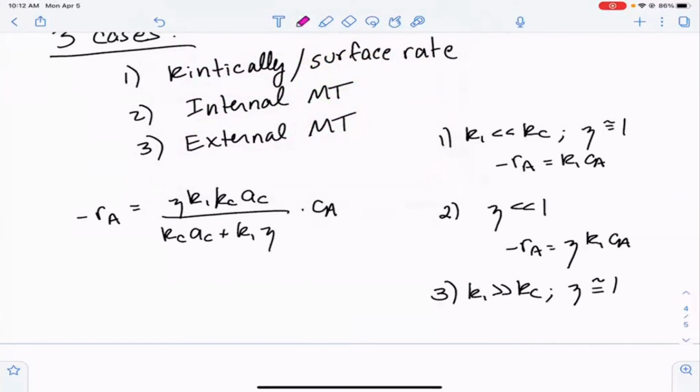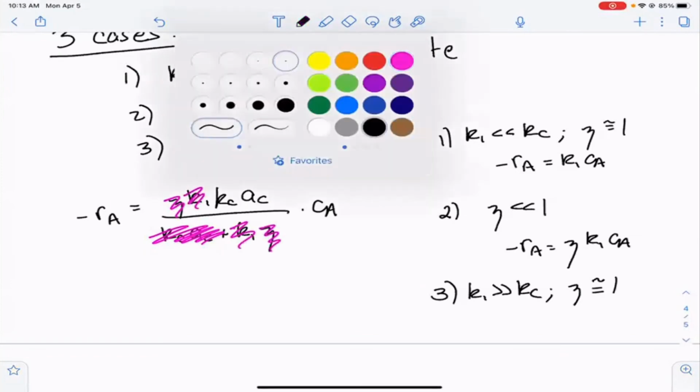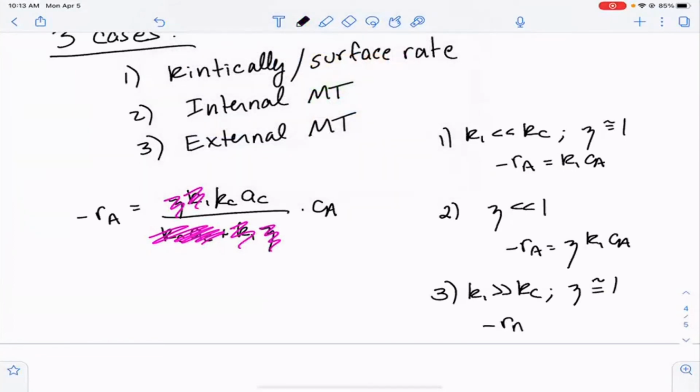And when that's the case, the term in the denominator that is going to go away is this one. Then you're left with K1 times the effectiveness factor in the denominator. So the effectiveness factors cancel, and then the K1s cancel. What we're left with is that Ra equals Kc times AC times Ca, which is exactly what we had a couple of lectures ago when we were talking only about external mass transport.